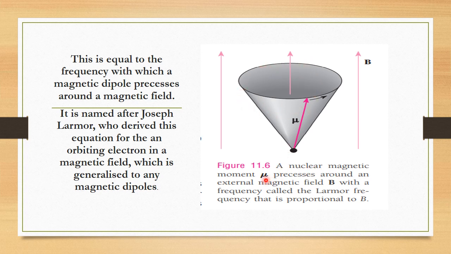A nuclear magnetic moment mu precesses around an external field B with a frequency called the Larmor frequency, which is proportional to B. It is named after the scientist Joseph Larmor, who derived this equation for an orbiting electron in a magnetic field, which is generalized to any magnetic dipole.